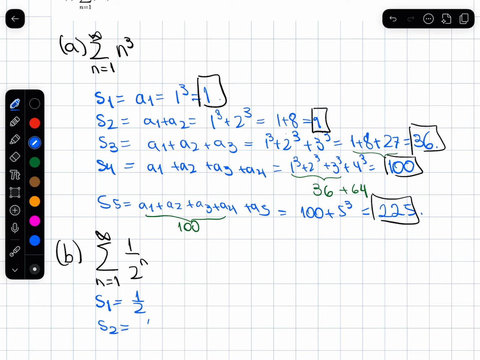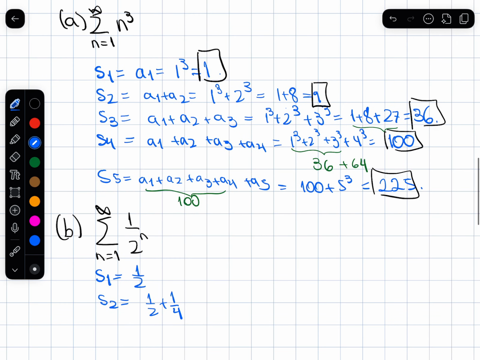S2, that will be 1/2 plus a quarter. So I'm plugging in n equals 1 and n equals 2. So I'm skipping half steps maybe here. And so I can add this fraction. And that will be, if I find a common denominator, that will be 3/4, like this.